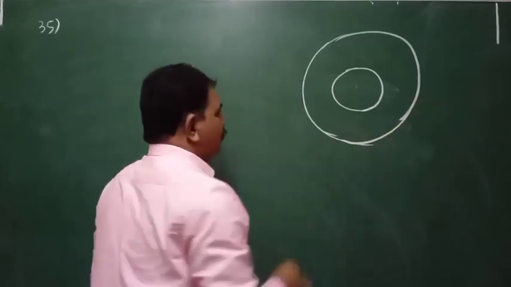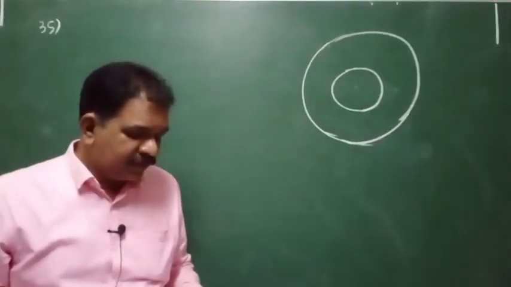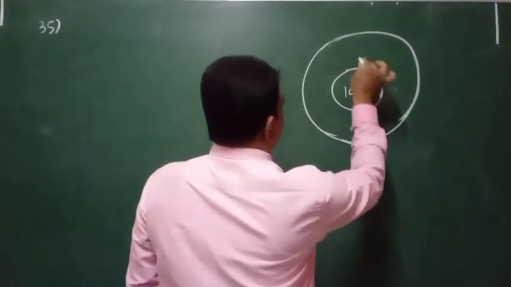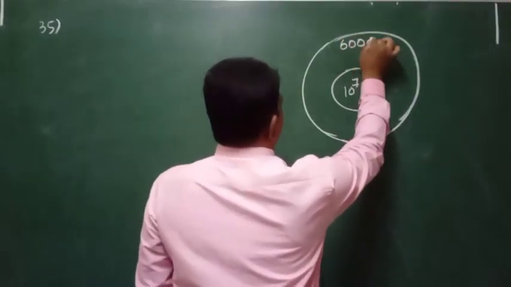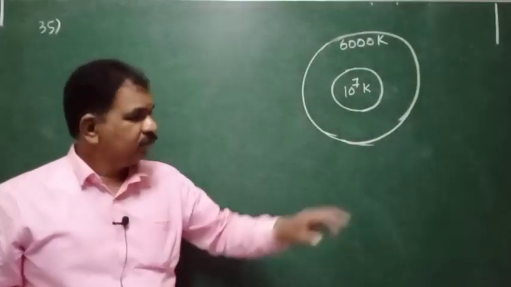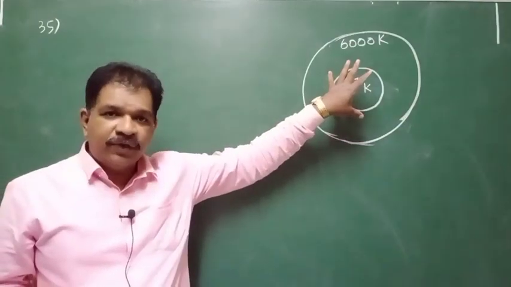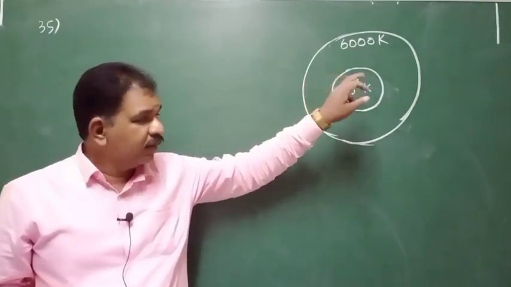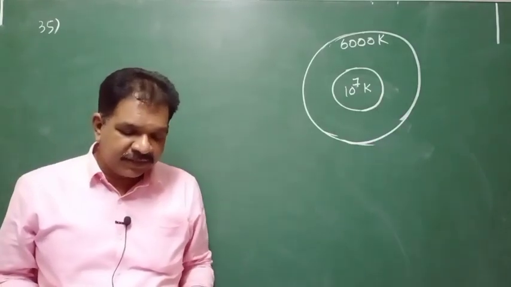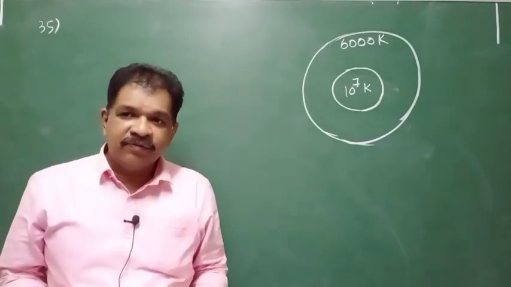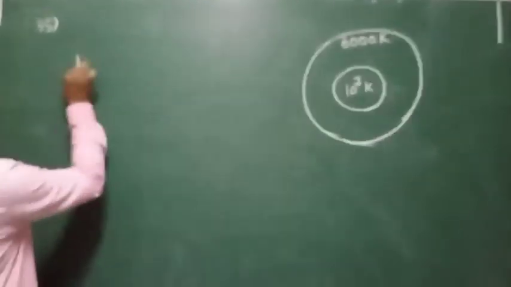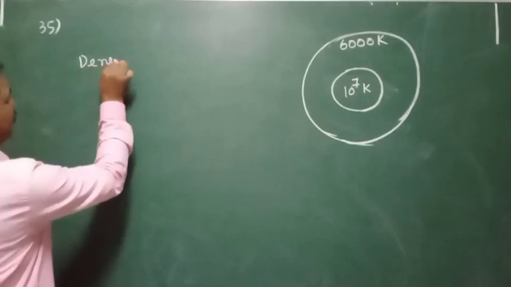Inner surface temperature is 10 power 7 Kelvin. Outer surface temperature will be 6000 Kelvin. Means inner will be very hot. Mass of the sun and radius of the sun are given. They are asking what is the density of the sun. Mass density and density will both be the same.